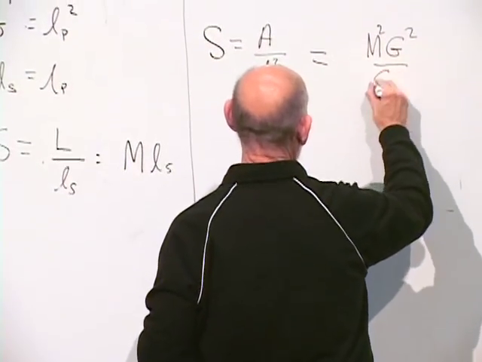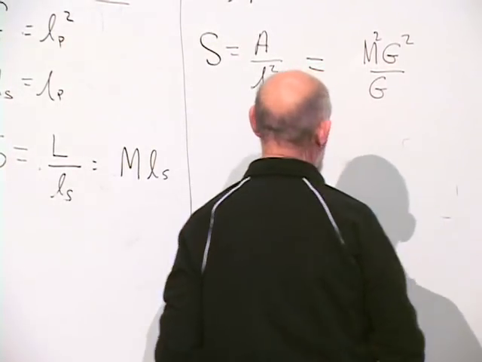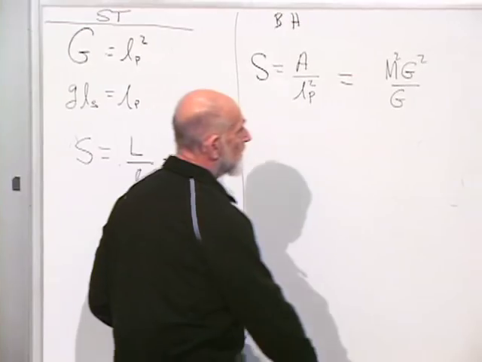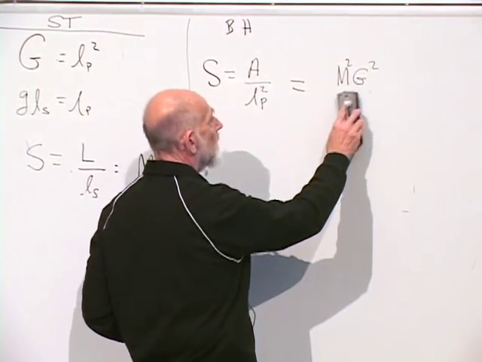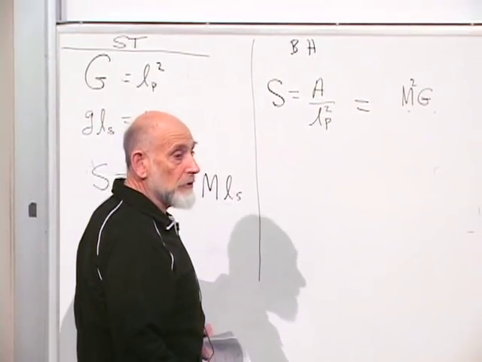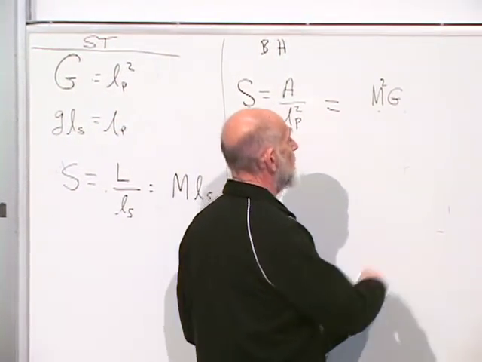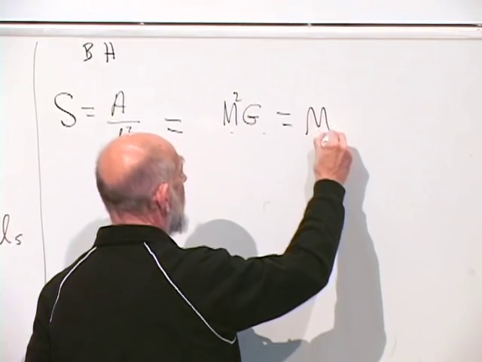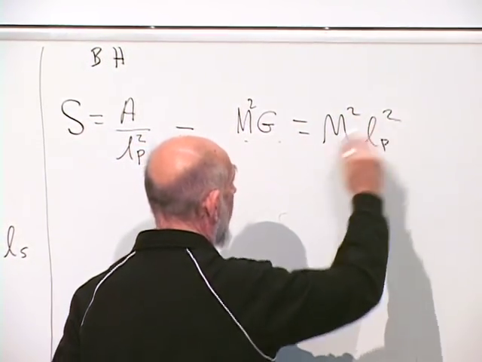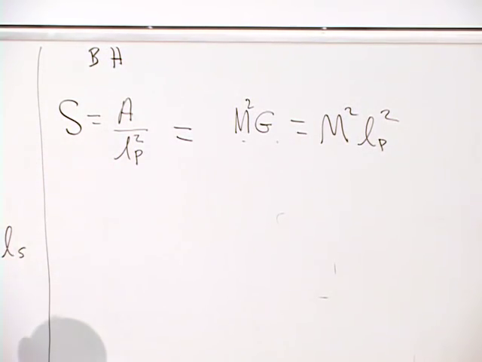Divided by G, it's just m squared times G, and G is L Planck squared. So we can rewrite this as just m squared over L Planck squared. That's the entropy.